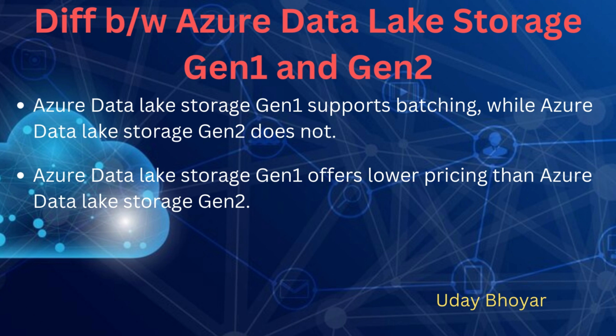Looking at the pricing, Generation 1 offers lower pricing than Generation 2, obviously, as Generation 2 is used for various purposes like storing and analyzing data, so its pricing would be higher.